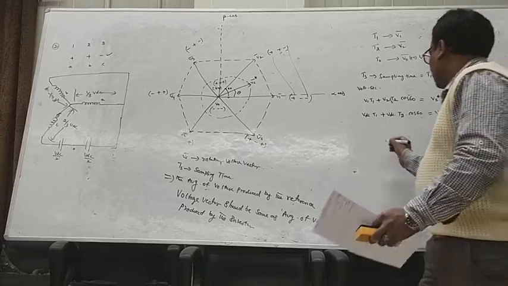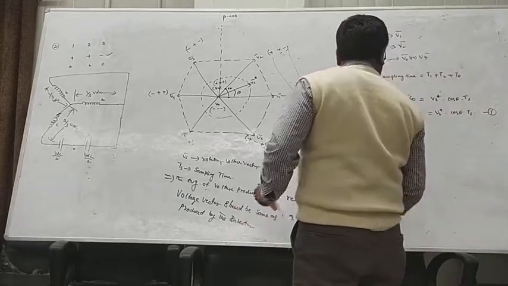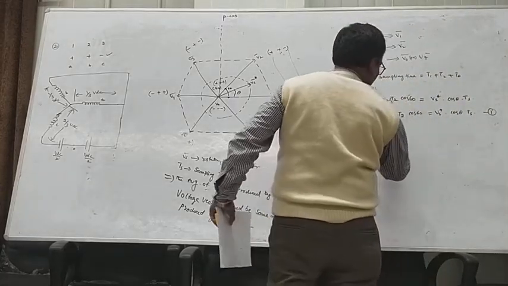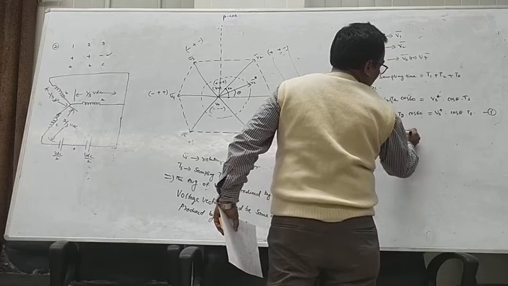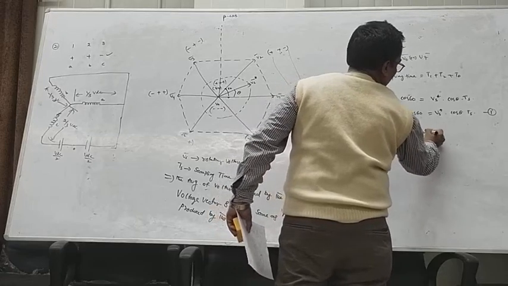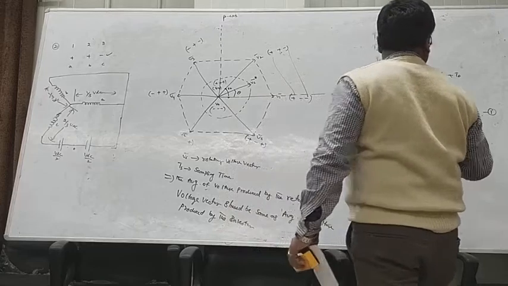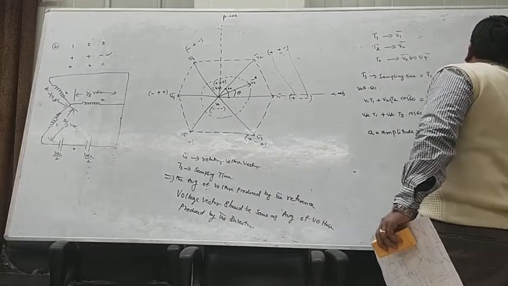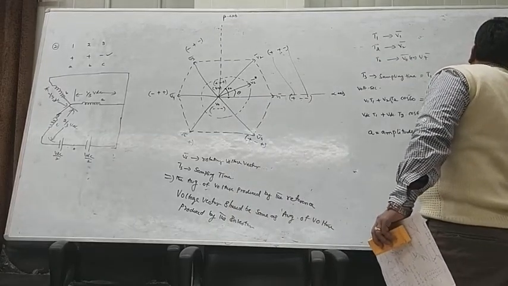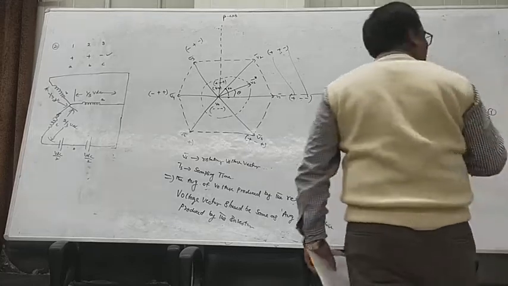Here A is the amplitude ratio, or modulation ratio, or in some cases we consider it as the modulation index.